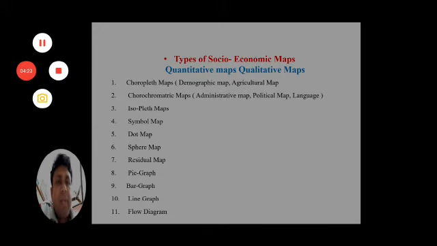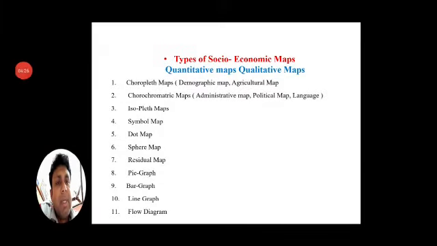Isopleth maps are another quantitative map. Symbol maps are basically qualitative maps, because different types of symbols can be put in maps. For example, the capital, the mining zone, the industrial zones. These are symbol maps. Dot map is a quantitative map, because a certain population is represented by a dot. Another is the sphere, which is a three-dimensional feature.